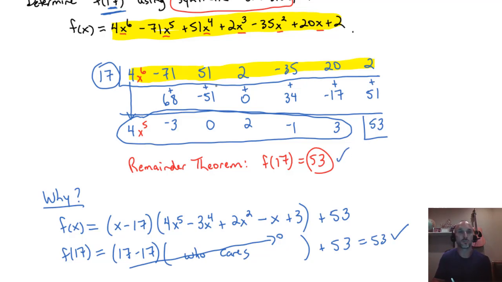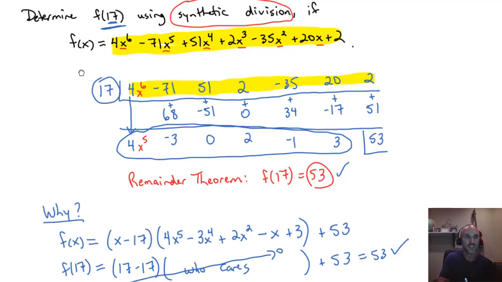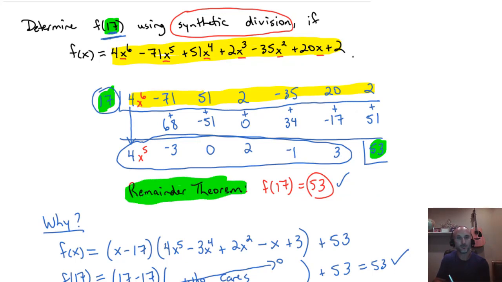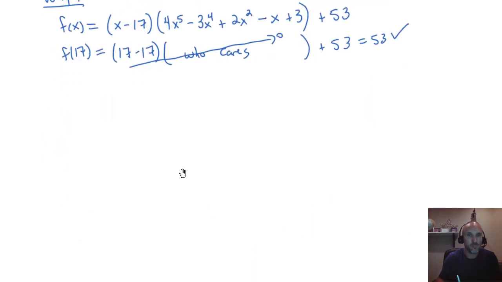So when you do this process, evaluating a polynomial by synthetic division, the key is to remember that the input is what goes here as your divisor, and that the answer is simply your remainder, and that's why it's sometimes called the remainder theorem. Okay? Let's try one more.